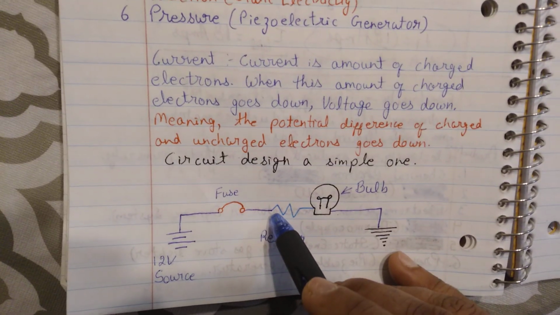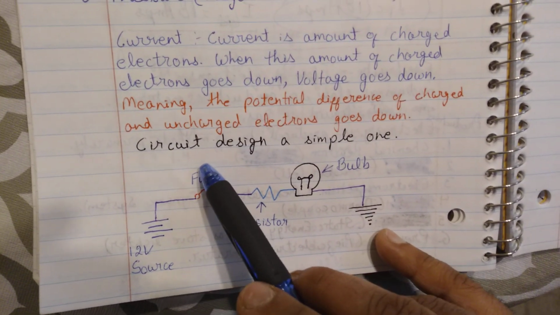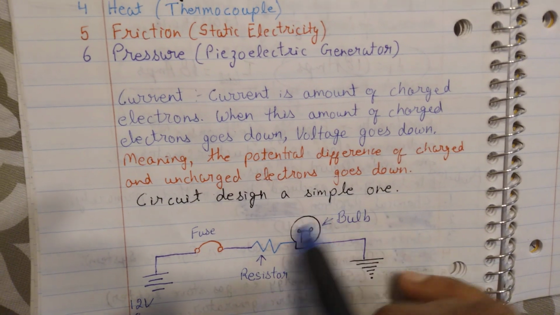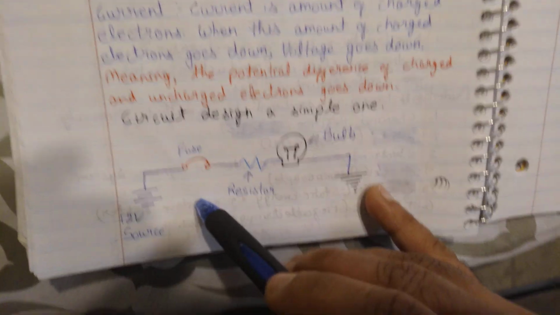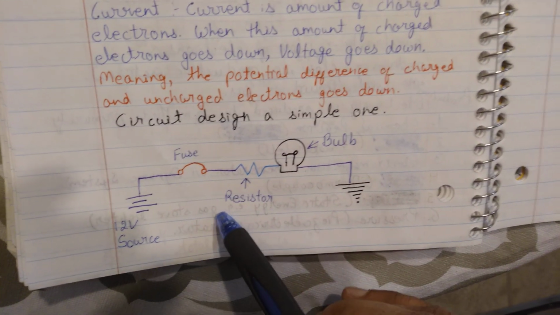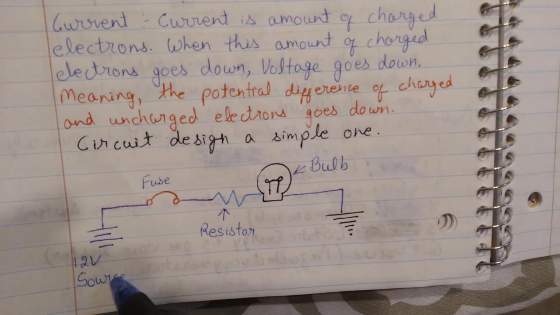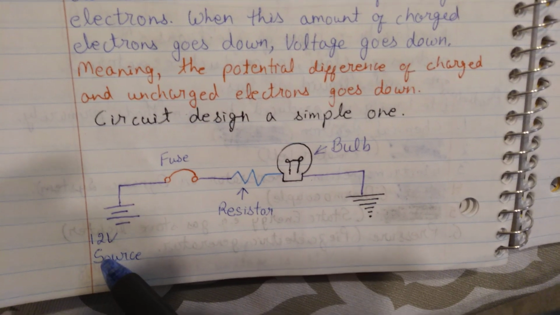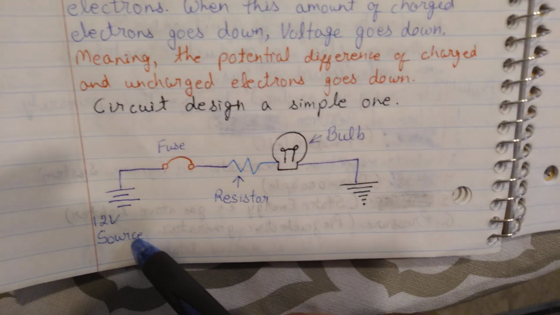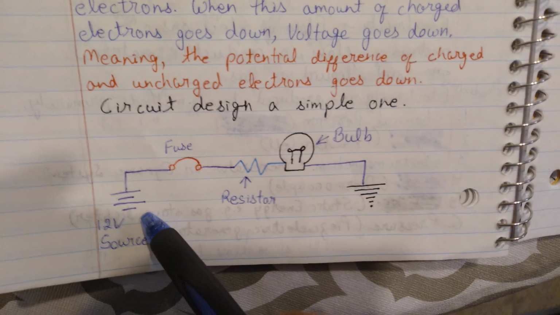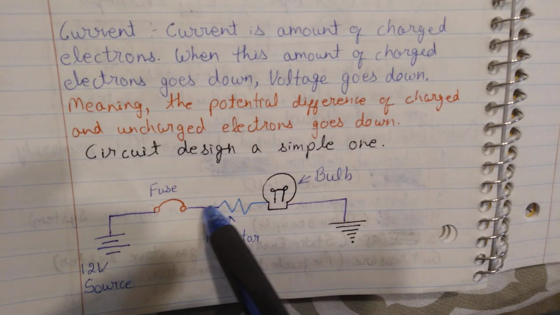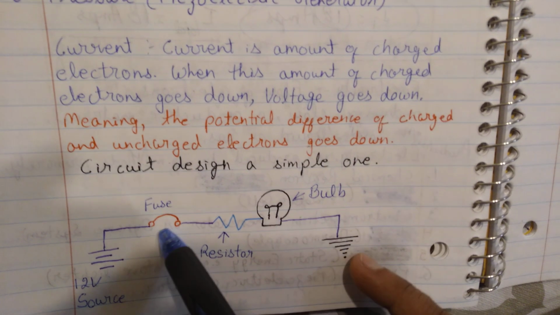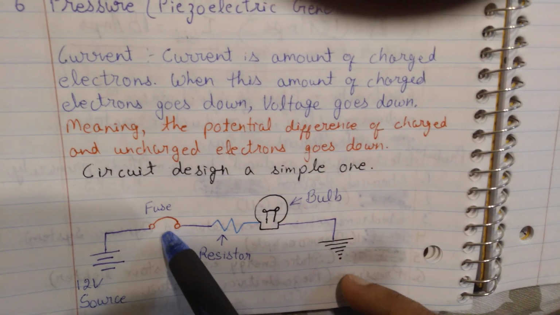Now, to keep things simple, I just want to explain one circuit design, which is a very simple one. So we have a source here. It's an electricity source. It could be any source, but I have chosen a 12-volt source, which is a battery source. To protect this whole system, we must install a fuse here.